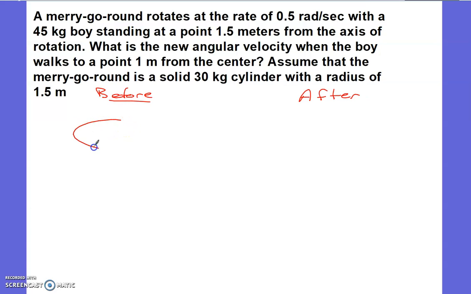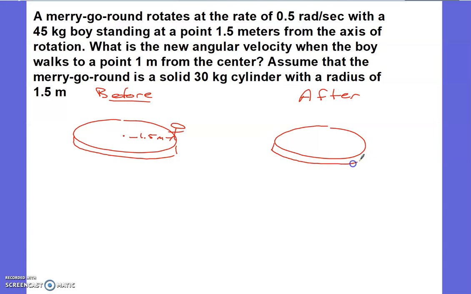In the beginning, we have this merry-go-round, a disc like you might see at a playground, and the boy is standing at the edge, 1.5 meters away. I'll label that distance in my diagram. Afterwards, he walks closer to the center, to a point 1 meter away.